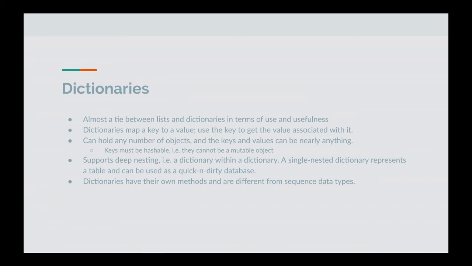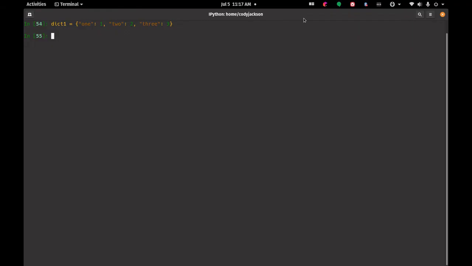So if you have a dictionary within a dictionary, at that point you have a very crude but quick processing table or database even. Dictionaries, because they are not a true sequence, have their own methods, their own functions, and they work differently from other sequence data types such as lists. So we've jumped over into our IPython, and I've created a dictionary.